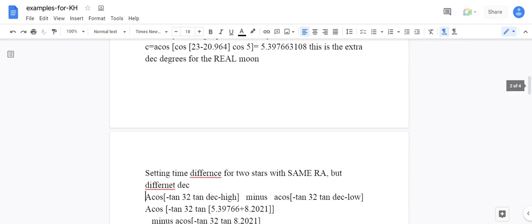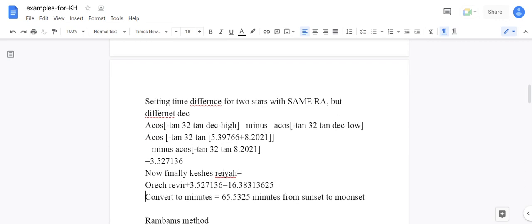So we take this formula for the setting time difference for two stars of the same right ascension but different declination. This is the last formula. Maybe I should call this the fourth formula: arc cosine of negative tangent 32 times tangent declination high minus arc cosine of negative tangent 32 times tangent declination low.